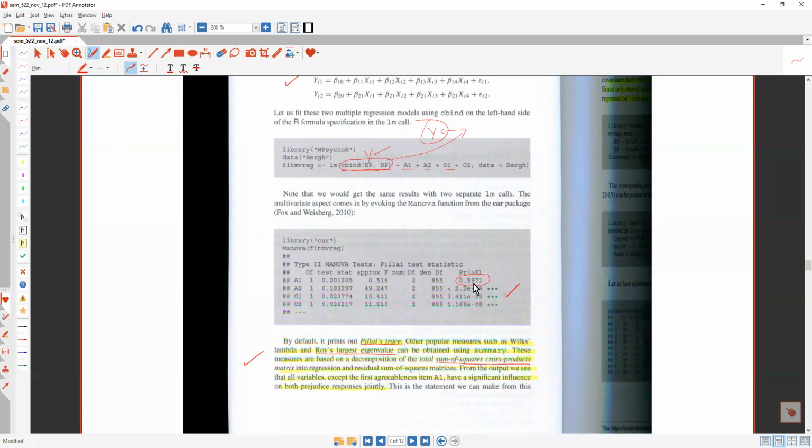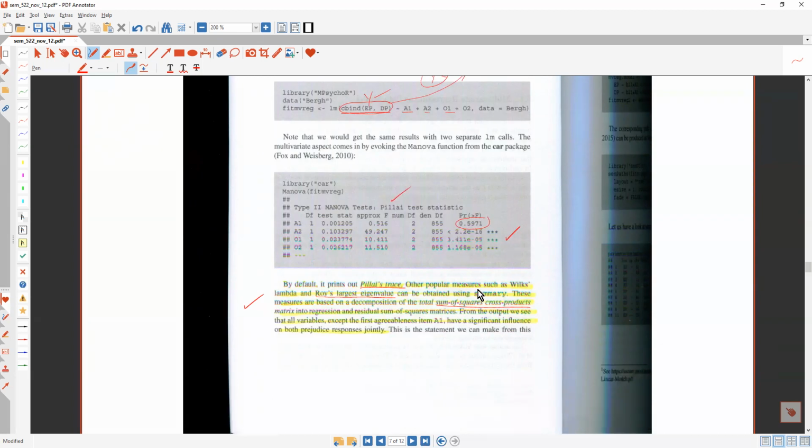And you recognize some things from here, that we're dealing with the Pillai test, which you remember from dealing with MANOVA. So there's Pillai's trace, looks familiar. Roy's largest eigenvalue, Roy's largest root is another name for it that we've talked about in the MANOVA context. We've talked about the decomposition of the sums of squares and cross products matrix into regression and residual.